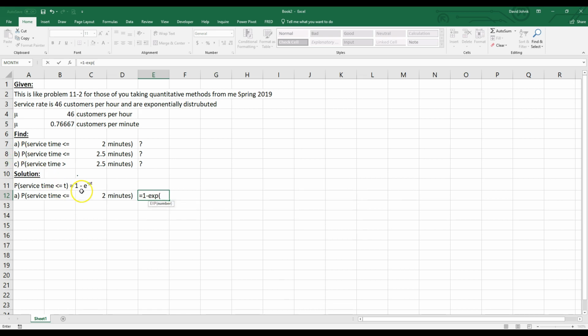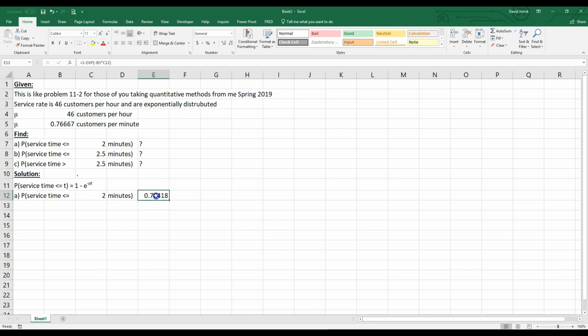So now remember, we want to have parentheses around all of it, and then I'm going to go minus. And we're going to use minutes because these are in minutes. So we're going to say minus this times 2. Okay?